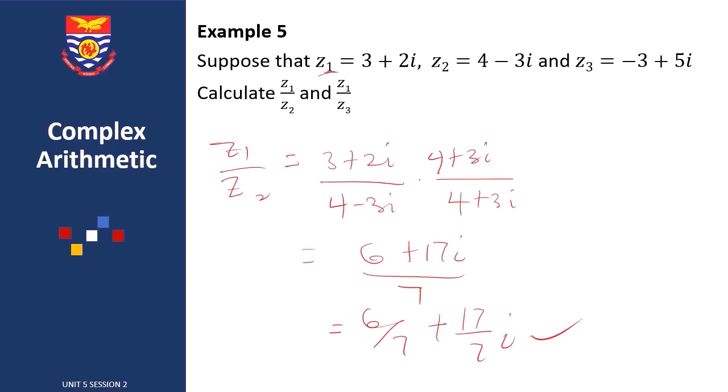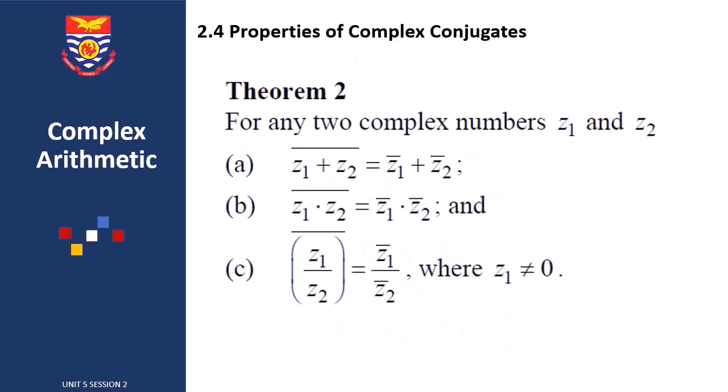It's so simple, like ABCD. Let's look at some properties of these complex numbers. For any two complex numbers z1 and z2, the conjugate of z1 plus z2 is equivalent to the conjugate of z1 plus the conjugate of z2. Similarly, the conjugate of the product is the same as finding the conjugate of each of them and multiplying them together.